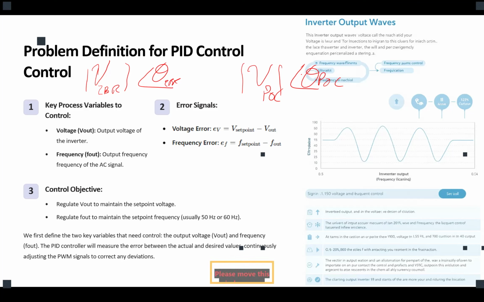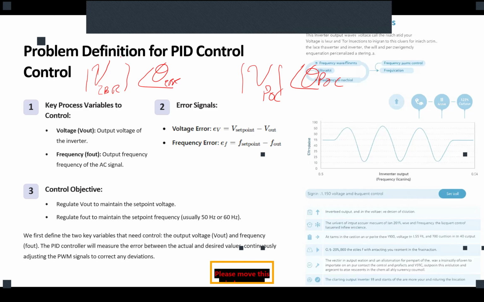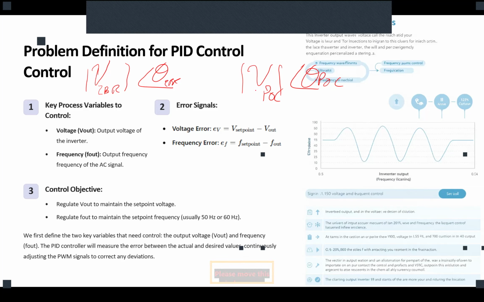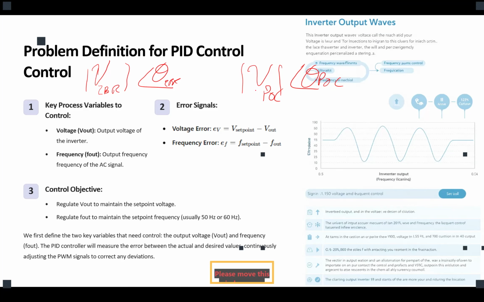And the difference between these two amplitudes defines how much reactive power you inject or consume. For example, if the amplitude of the IBR voltage is lower than the amplitude of the point of connection voltage, that means you are consuming reactive power from the grid. And if we tune the voltage to be higher than the voltage of the point of connection, by whatever amount we want, we are injecting reactive power to our point of connection.